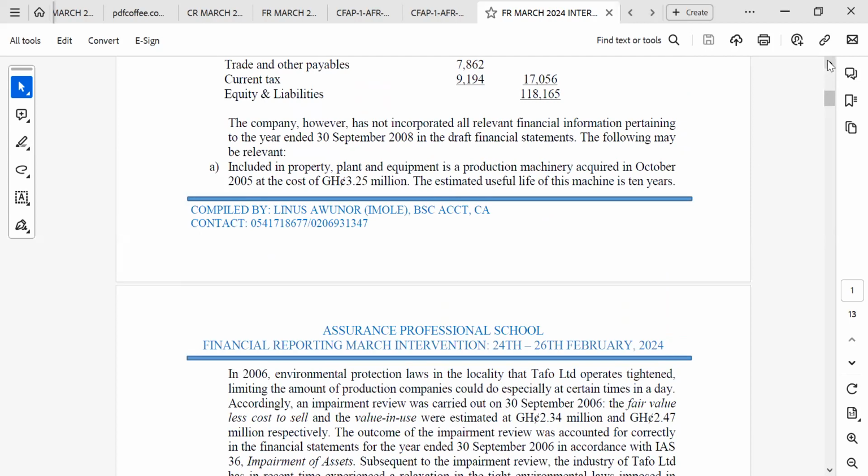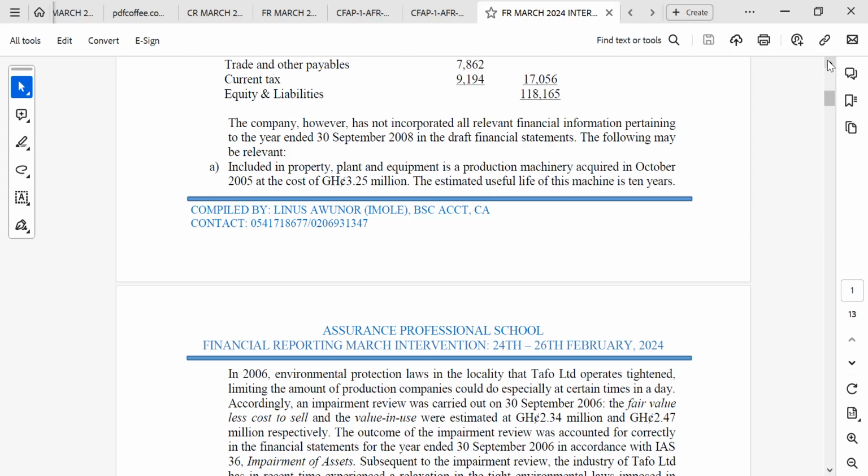When was the first impairment test conducted? September 2006. So we need to know the carrying value of the assets at September 2006 to carry out the impairment test over there. Then we can go from that place and calculate our carrying value up to today's date.